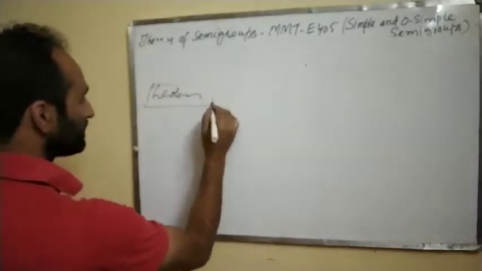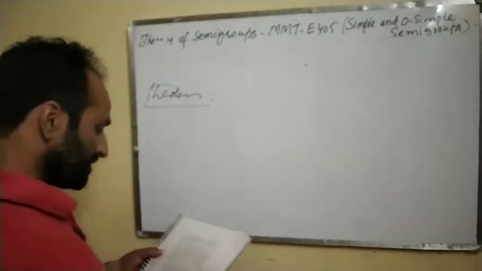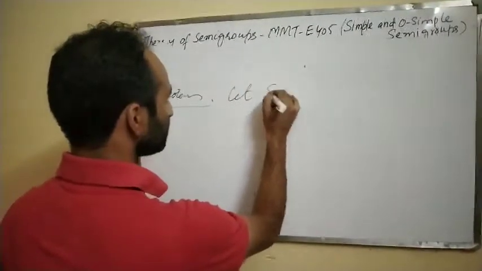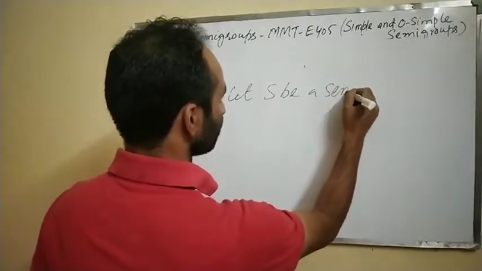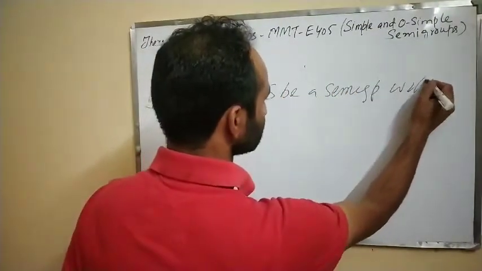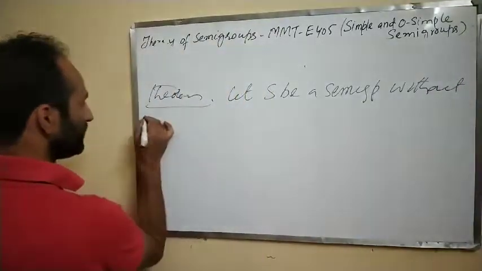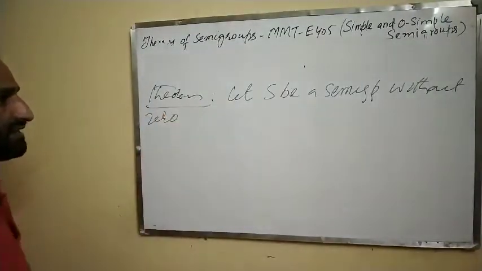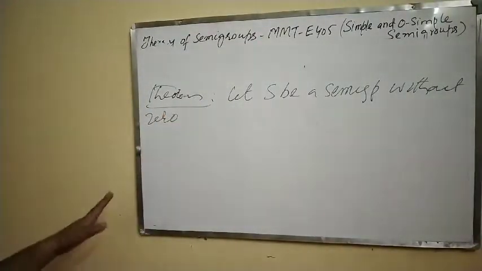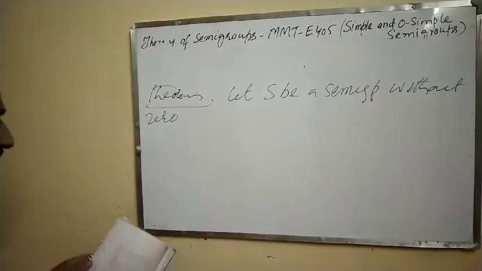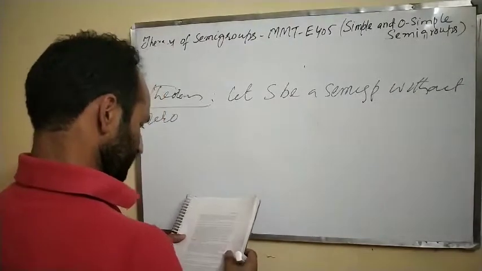The statement of this theorem is: let S be a semigroup without zero. Either S has no zero minimal ideal, or it has exactly one zero minimal ideal.